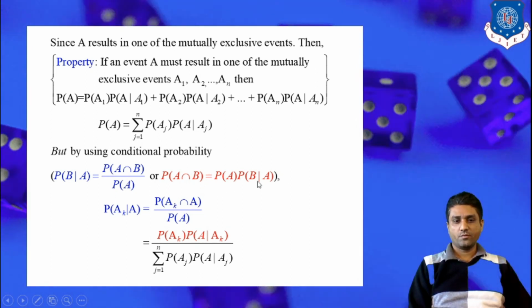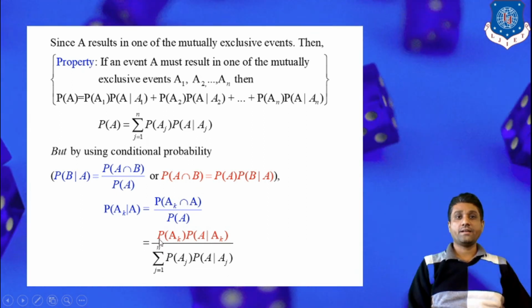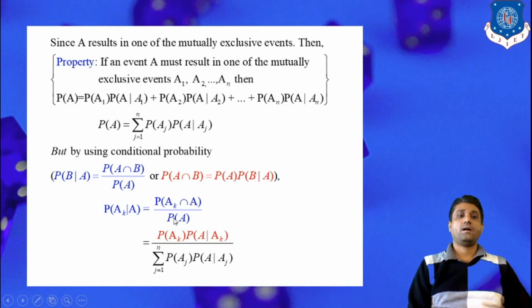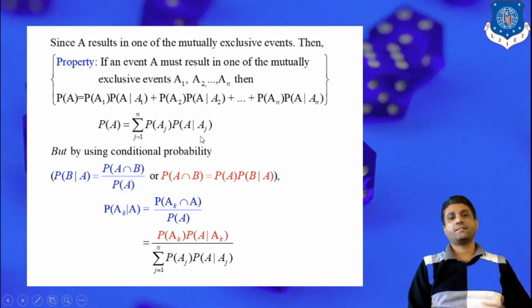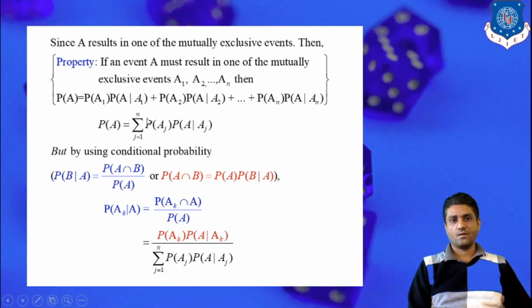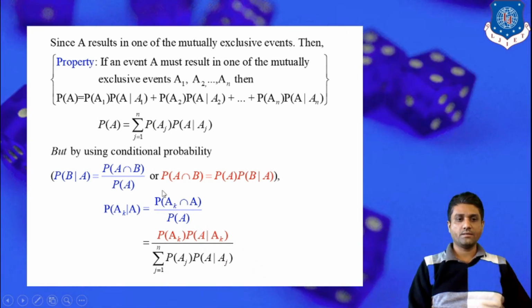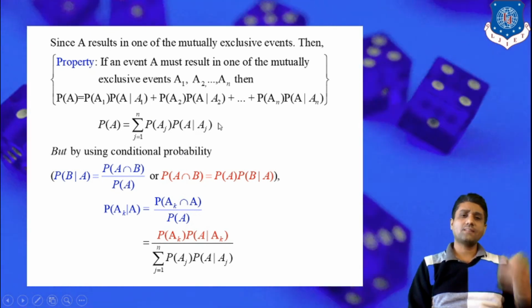So this can be rewritten as probability of AK into probability of A given AK, and in the denominator probability of A. The denominator we replace by this property: probability of A is equivalent to the summation, j running from 1 to n, of probability of Aj into probability of A given Aj.